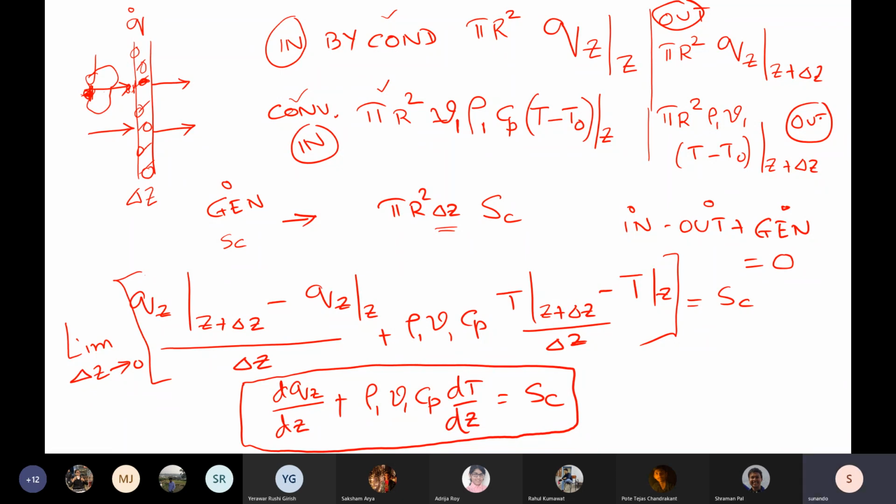So what we are going to assume when we solve this equation is that any temperature that you get out of the solution of this governing equation is some average temperature which exists in that very thin layer when delta Z approaches a very small number. So instead of this T being a point value of temperature, this is an average value of temperature at a given Z. So this limitation will have to be kept in mind.